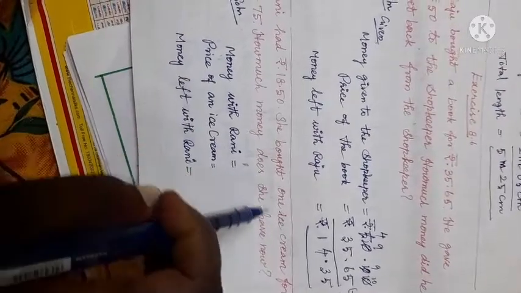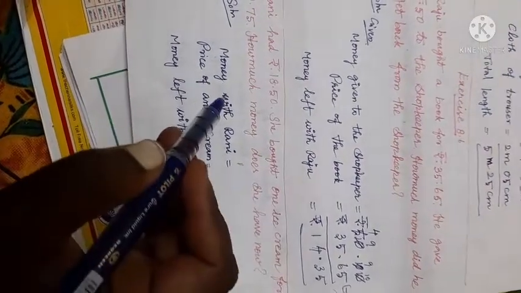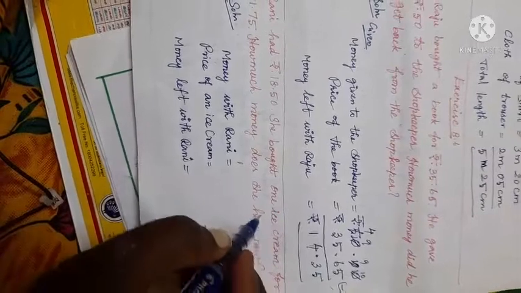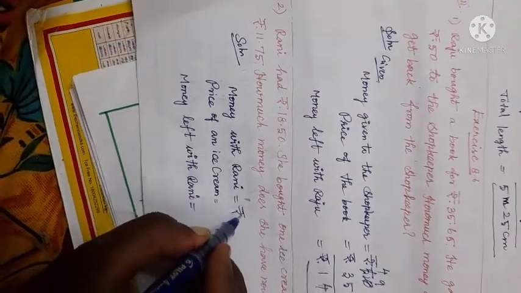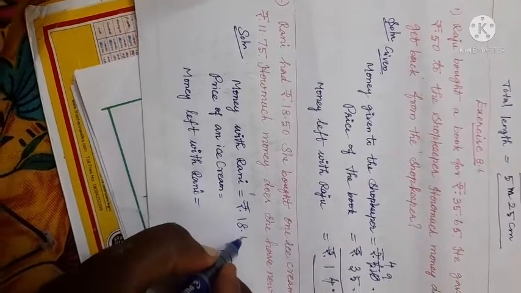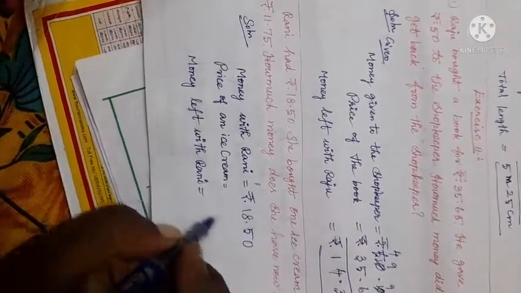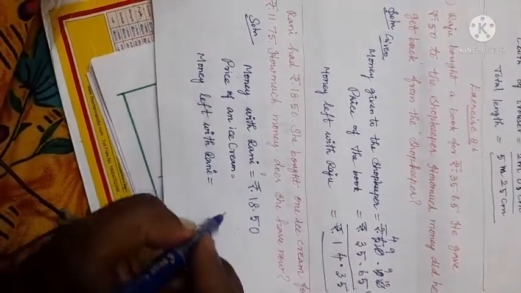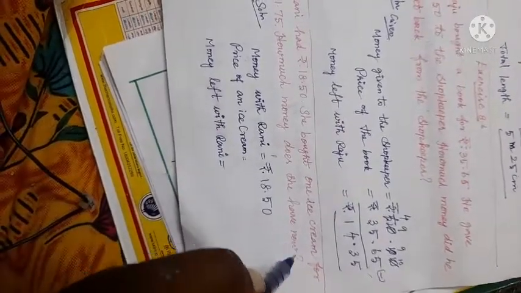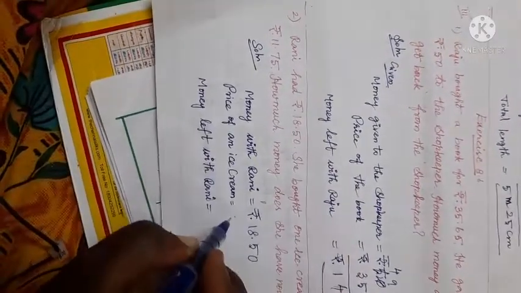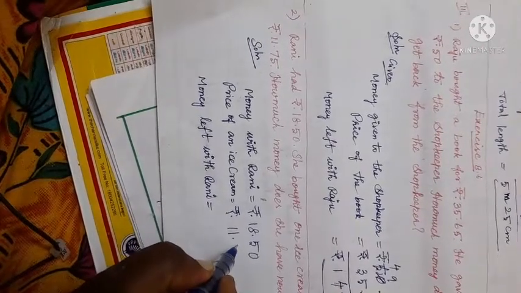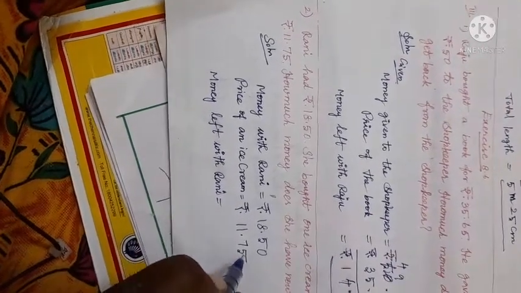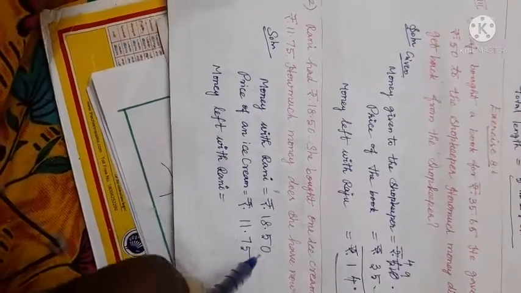So money with Rani: rupees 18.50. Price of an ice cream: one ice cream amount, how much? Rupees 11 rupee 75 paise. How much money does she have now?